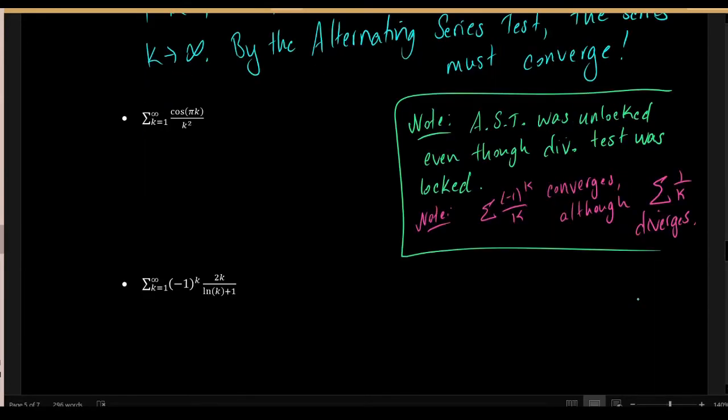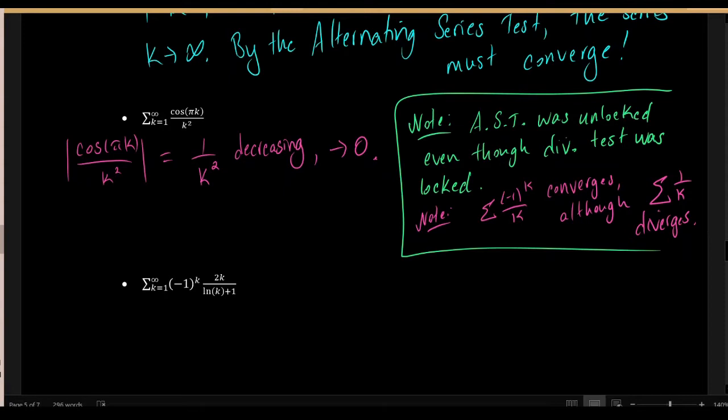Let's try the same thing here with our friend cosine of pi k over k squared. Once again, if we look at the absolute value, if we look only at the positive part, ignoring the cosine pi k, which is equal to -1 to the k, then I get the sequence 1 over k squared, which is decreasing, and which approaches 0 as k goes to infinity.